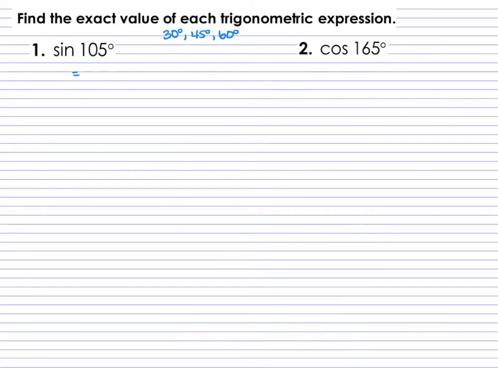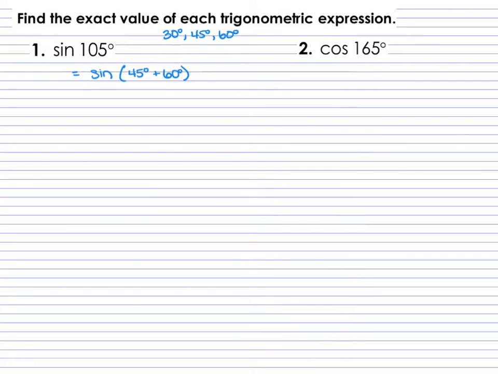The sine of 105 degrees is actually the same thing as the sine of 45 degrees plus 60 degrees. If I add together 45 degrees and 60 degrees, I get 105 degrees, exactly the same thing.